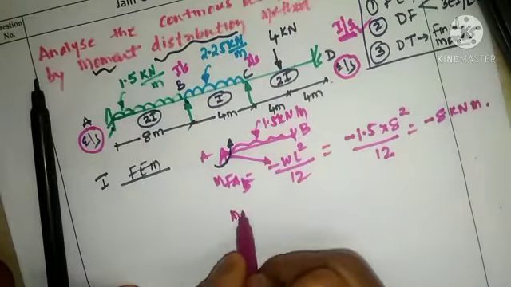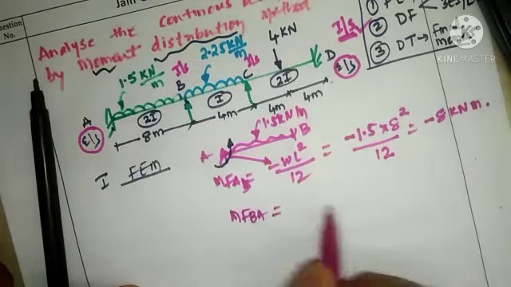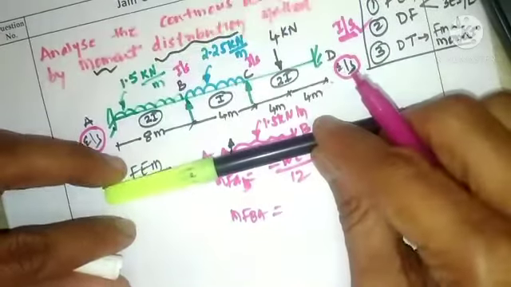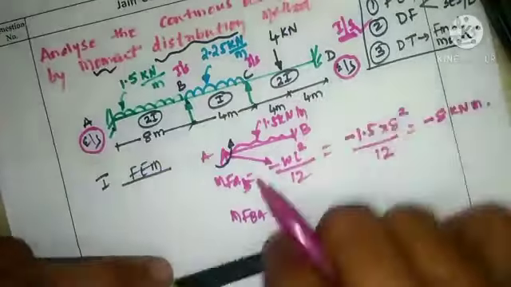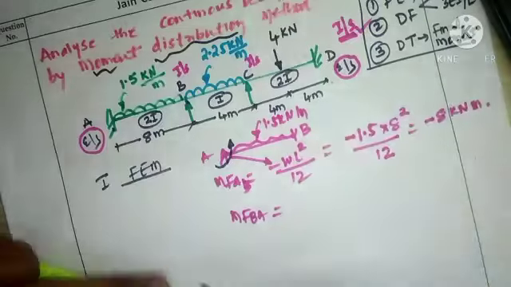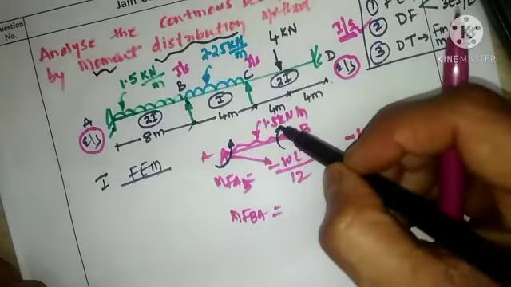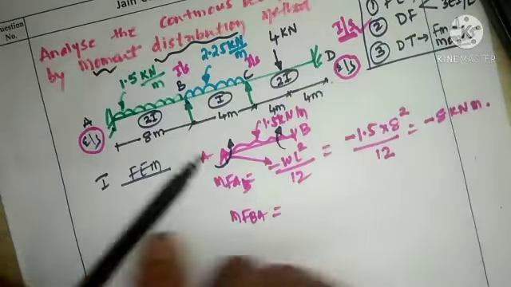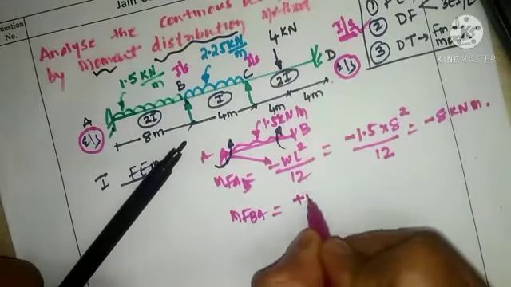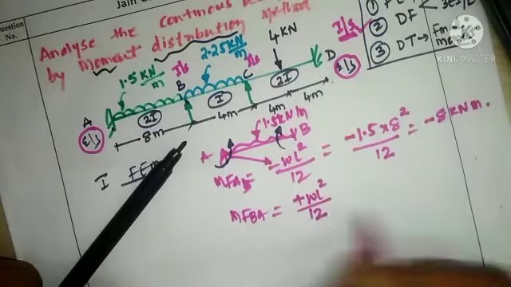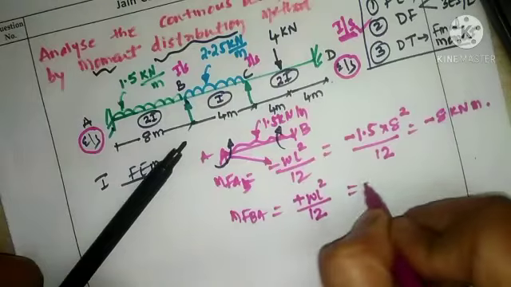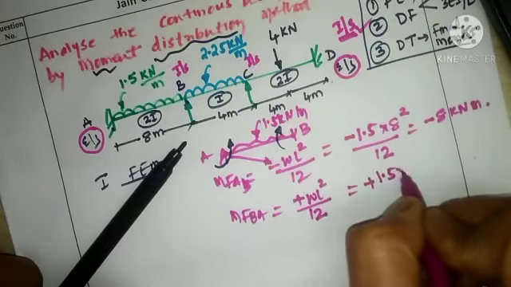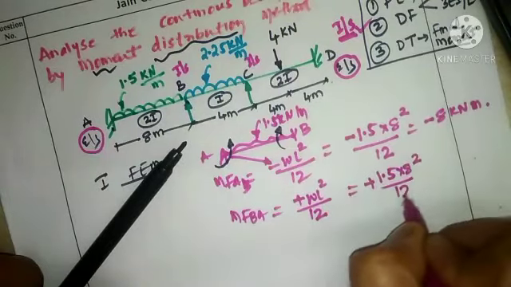Likewise, if you take MFBA, if you catch hold of B and release support A, the beam will rotate in the anti-clockwise direction and B will have a resisting rotation force in the clockwise direction. For that reason, the formula for MFBA will be plus WL square by 12, which is plus 1.5 into 8 square divided by 12.